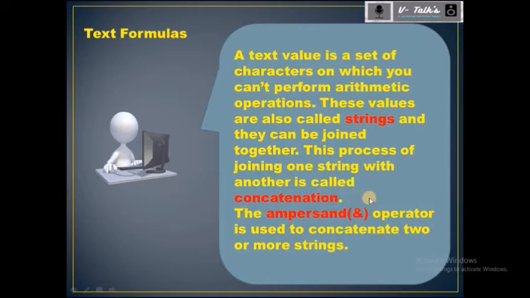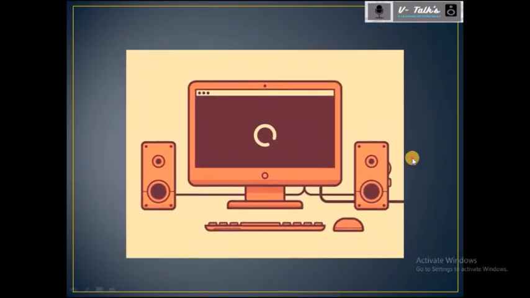Here the ampersand, that is the and symbol on your keyboard with the numerical 7, you have to use the shift key. So the ampersand operator is used to concatenate two or more strings together. I will show an example, then you will understand more. Let us do some examples about text formulas.